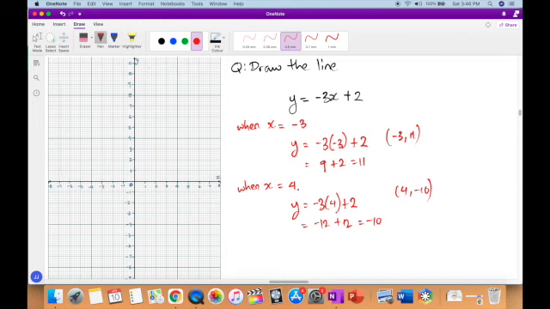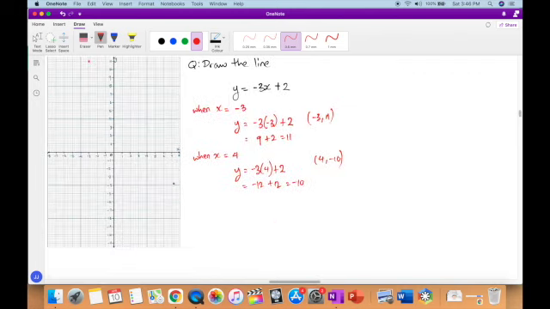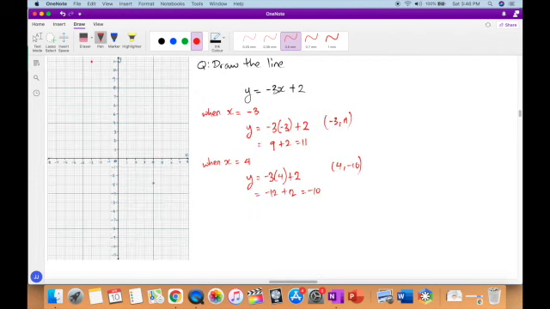So I have my 2 points here, -3, positive 11 is all the way up here. And then I have positive 4 and -10. Positive 4, -10 is all the way down here. So let's see if I could join these two now.